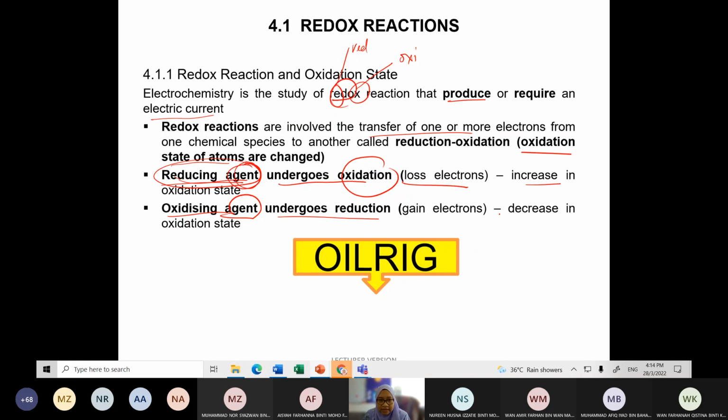For the oxidizing agent, when it undergoes reduction, the oxidation state decreases. The oxidation number will increase for the reducing agent. For the oxidizing agent, which itself undergoes reduction, the oxidation number will decrease.